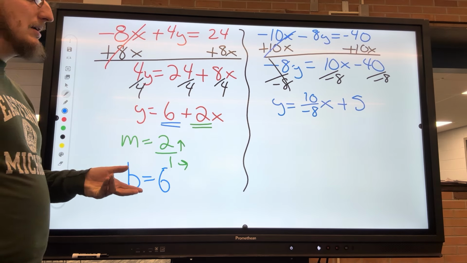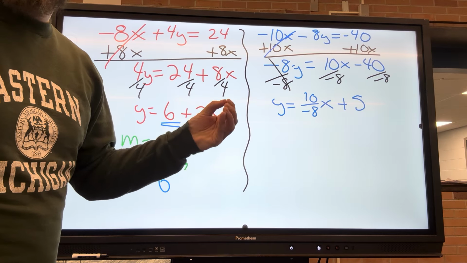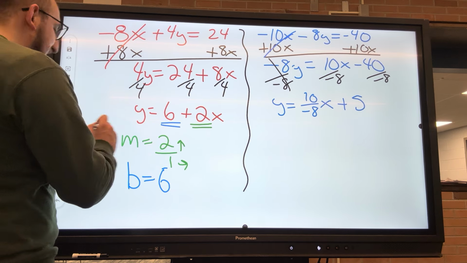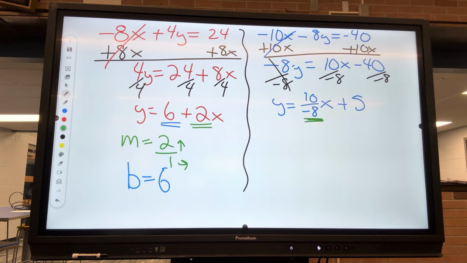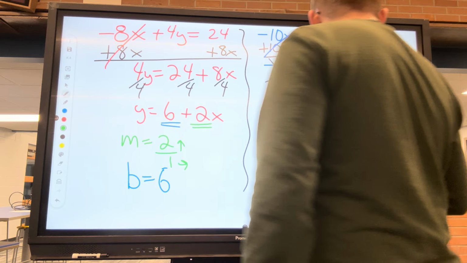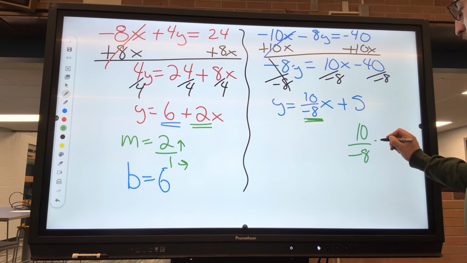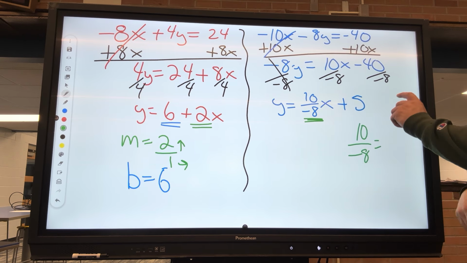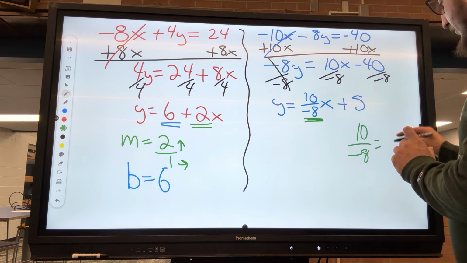Nice and simple. Now, although this is technically right, there is a better answer. My slope needs to be simplified. Do you guys remember how to simplify? Hopefully. I'm going to write it over here: 10 over negative 8. Now, is there a number that goes into both 10 and 8? Hopefully you all said 2.